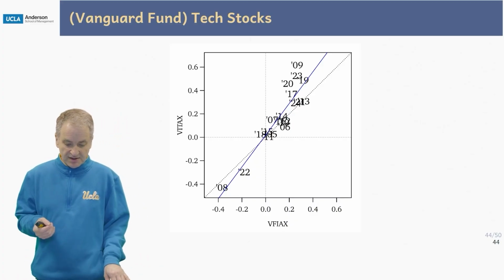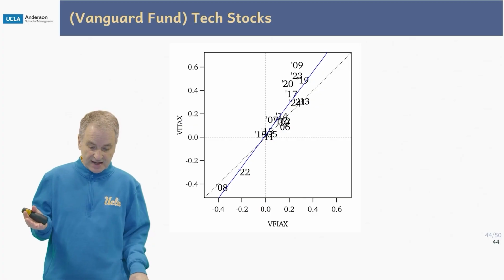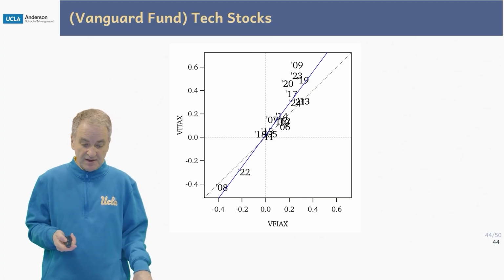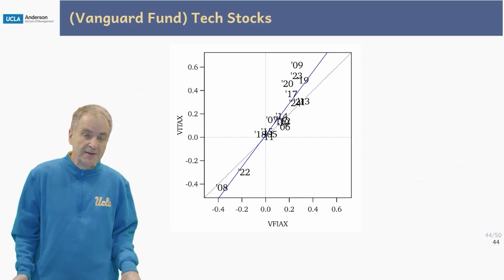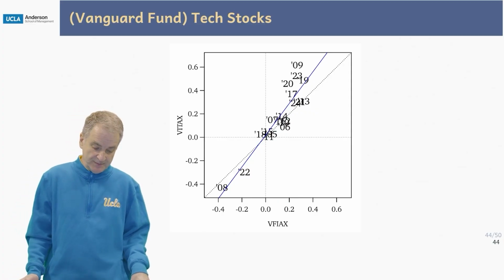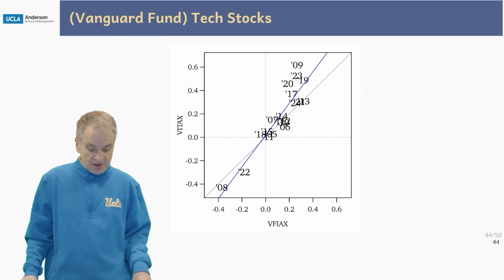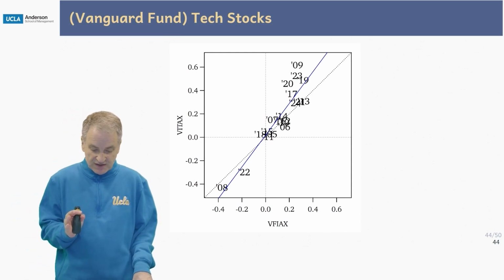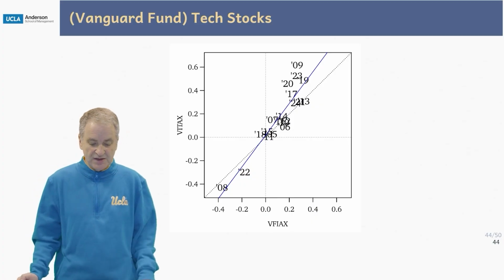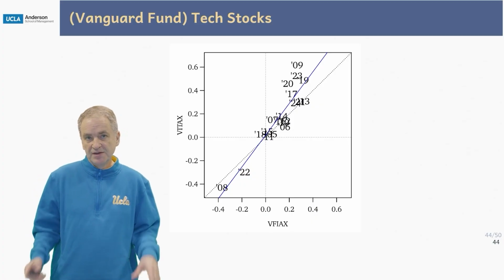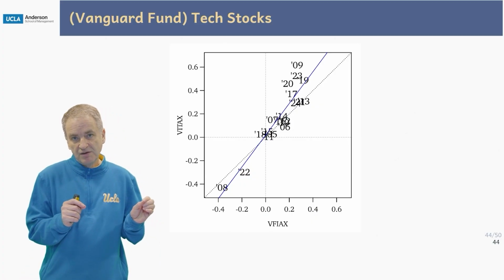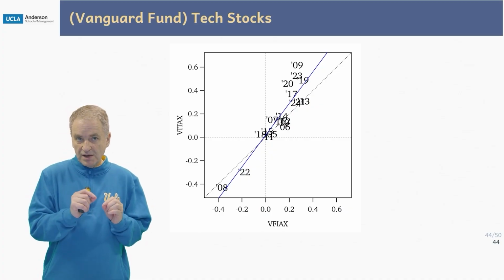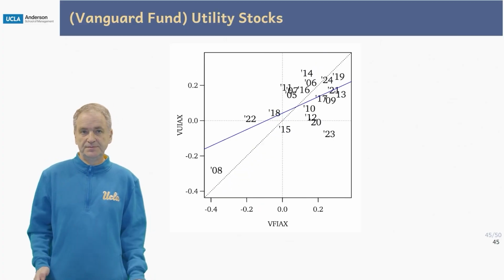So we had particular years like 2009 in which the S&P 500 went up by about 30% and technology stocks went up by about 60%. Similarly, in 2022, the S&P 500 went down by about 20% and the tech stocks went down by about 30%. So whenever the S&P 500 moved a little bit more, the tech one moved even more.